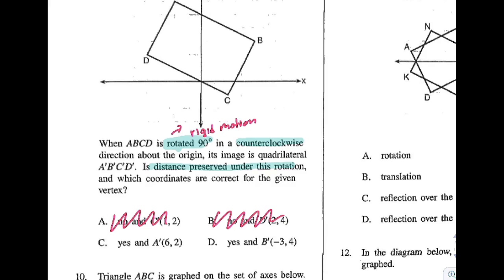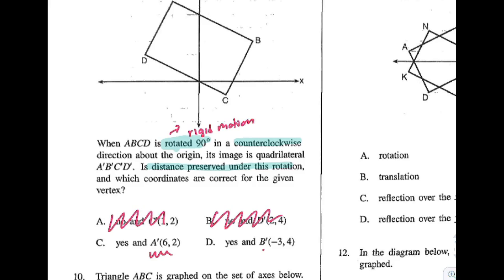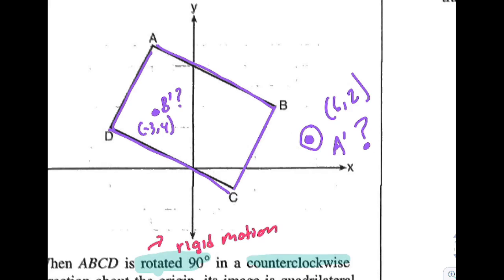Now it wants to know where will one of these coordinates be? Will A prime be at 6, 2, or will B prime be at negative 3, 4? So one of two things is true. Either A prime is at 6, 2, or B prime is at negative 3, 4. One of those two things is true when we rotate 90. So when I take this and rotate it, and put A here and B here.